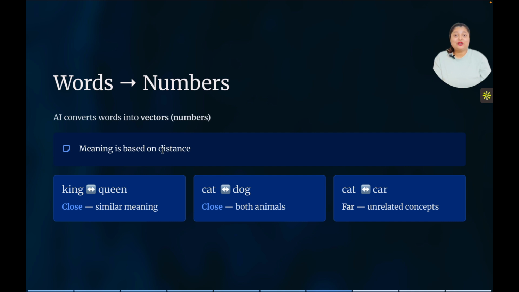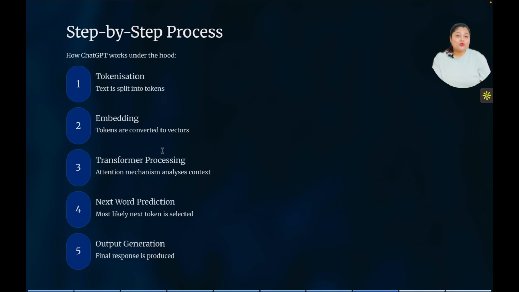These words are close to each other. Why? Because they are related. Another example, cat, dog. They are close. But cat, car? It's totally different. They are far apart. So embeddings help AI understand similarity, relationships, and meaning. This is how AI knows that king and queen are related concepts.